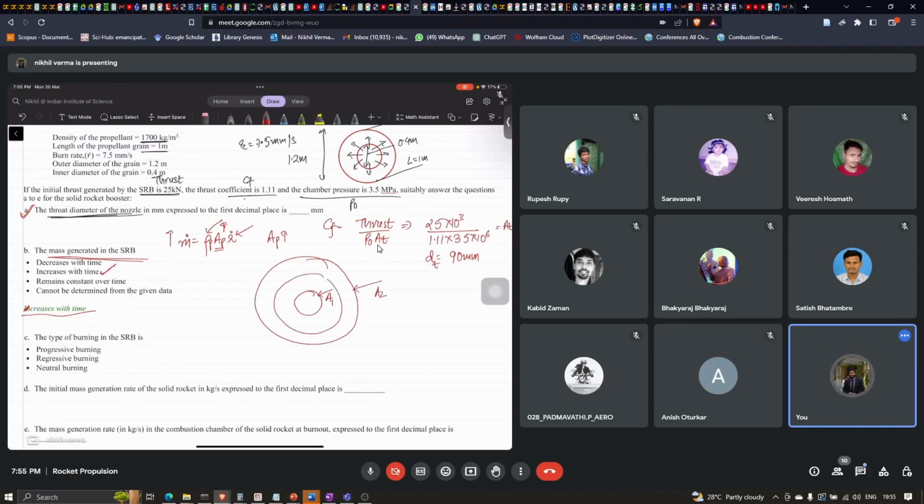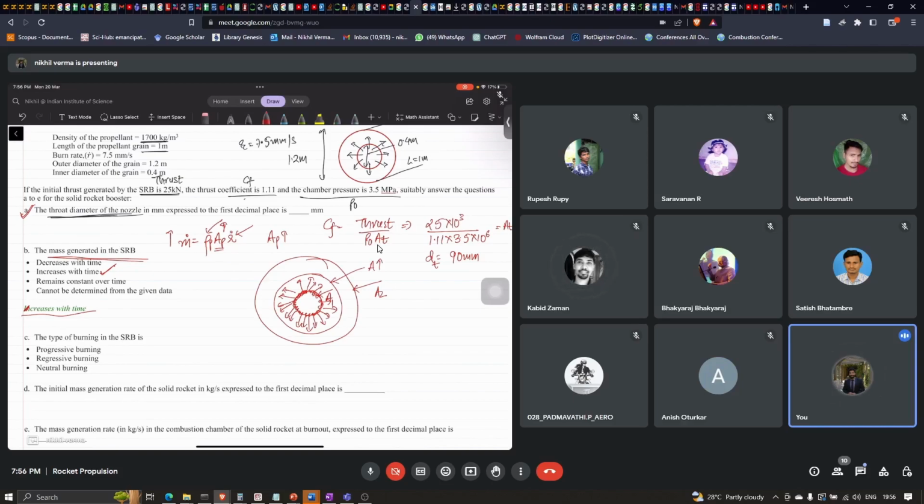When it burns, the exposed surface area increases, correct? Ignition happens at the inner surface, then the flame front travels along the radial direction outward, which increases the area.